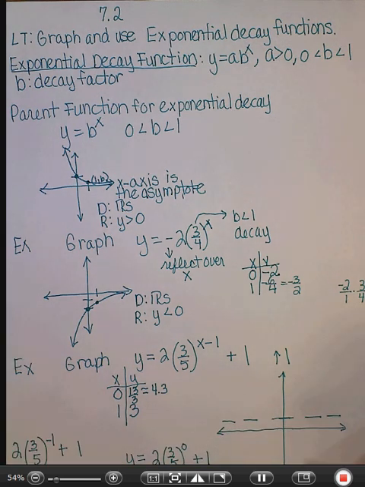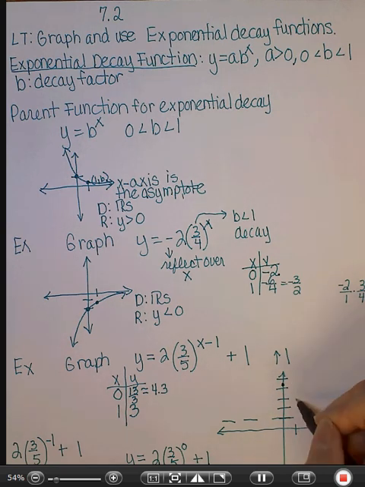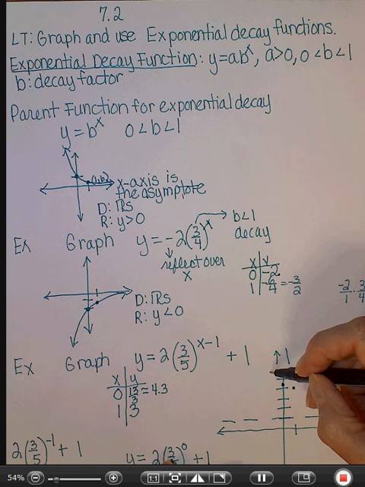Alright, so let's graph these points. 0 and a little bit past 4: 1, 2, 3, 4. So right here. And then (1, 3). So these are real close together. And so this is going to be decay.